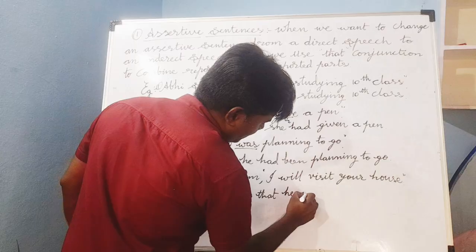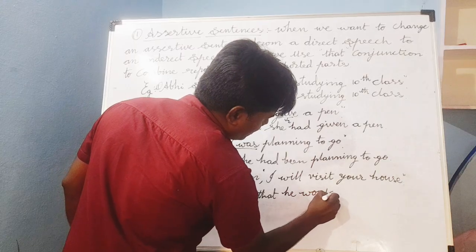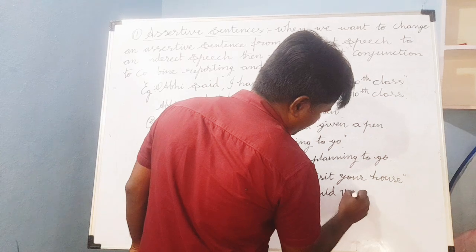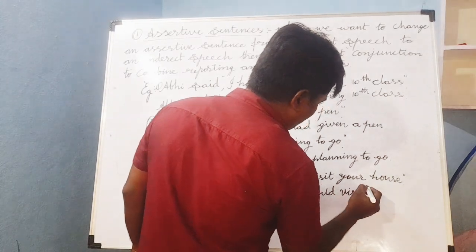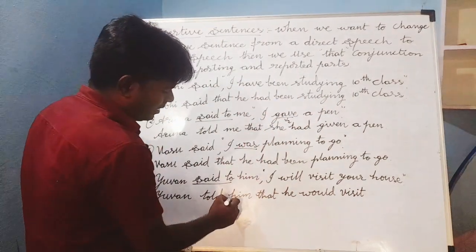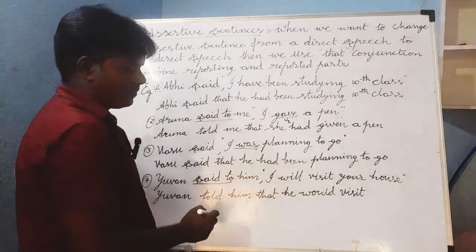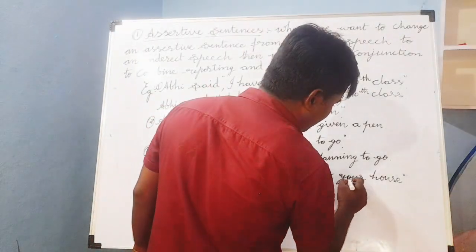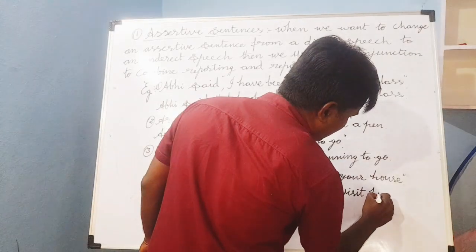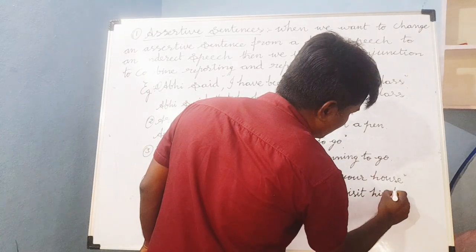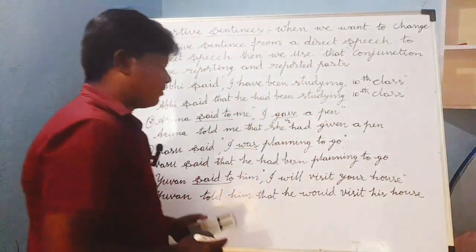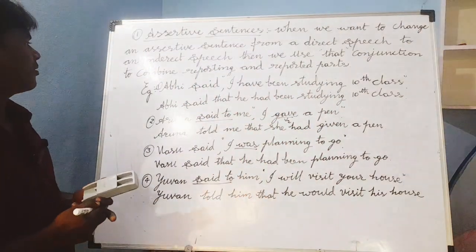Will become would. Would visit. So your house mean here, remember, listener him is there. Listener him is there. That's why you are changed into his. You are changed into his house. Okay. So look at now.